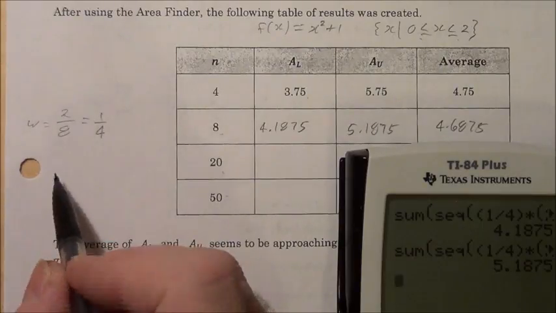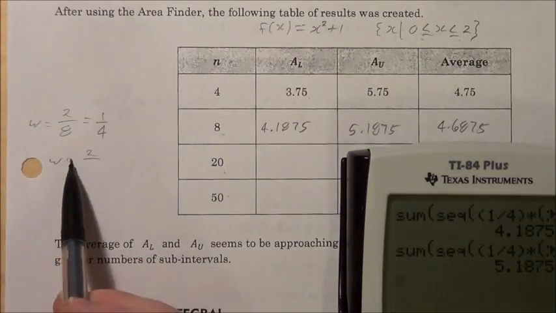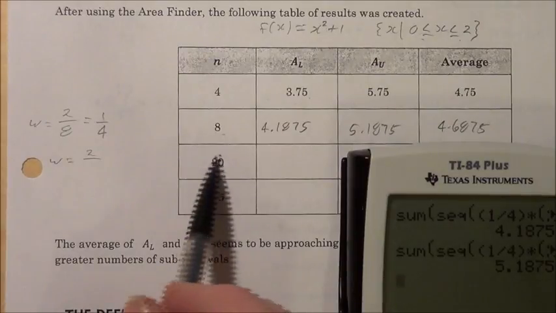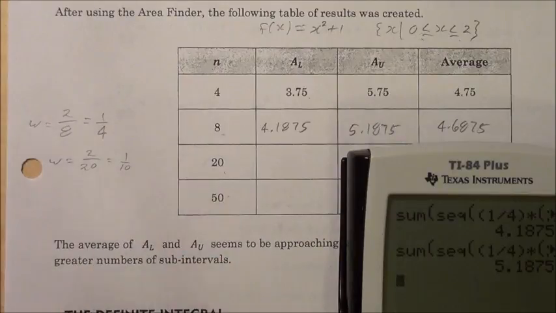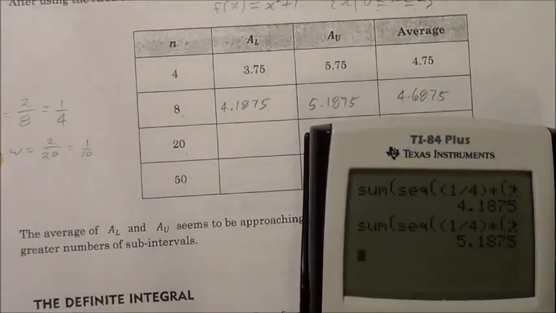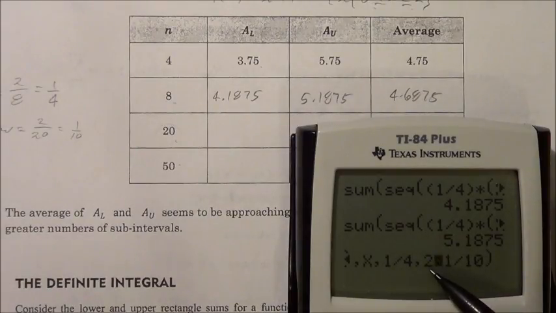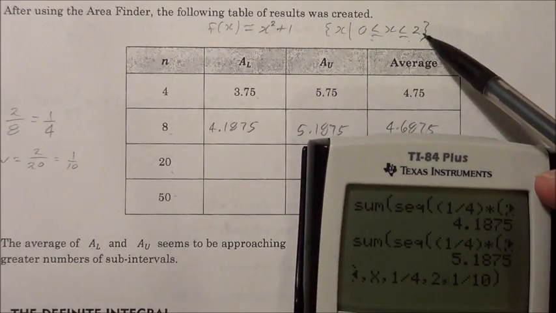The full interval is still 2 units, and we're breaking it up into 20 rectangles, so the width of each rectangle is 1/10. I'll second enter and back this up. The step is now 1/10, and I'll leave the 2 at the far right of the interval.